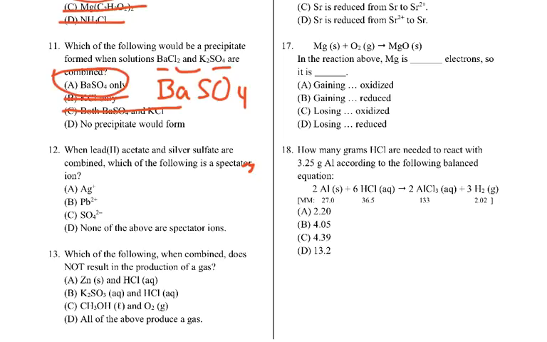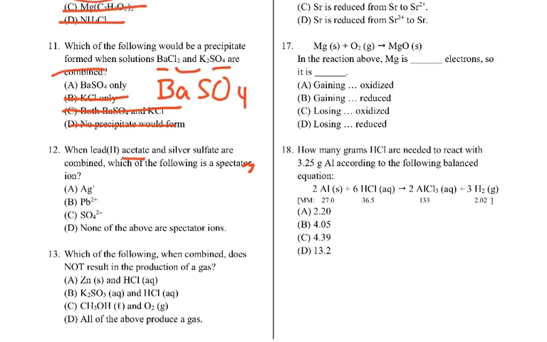Number 12. When lead acetate and silver sulfate are combined, which of the following is a spectator ion? Okay, to do this, we really need to write out a reaction. So lead acetate, that is going to be soluble because acetate compounds are soluble.